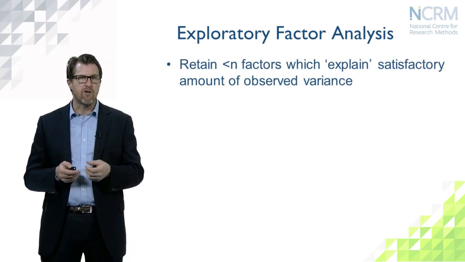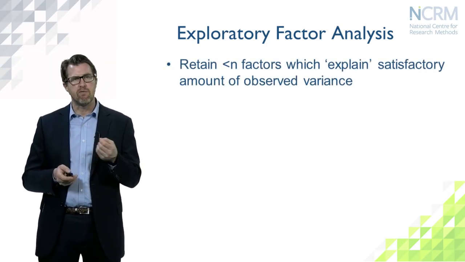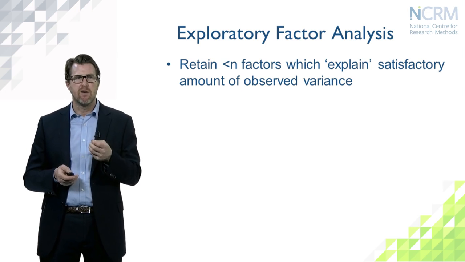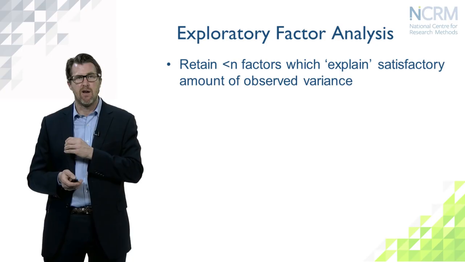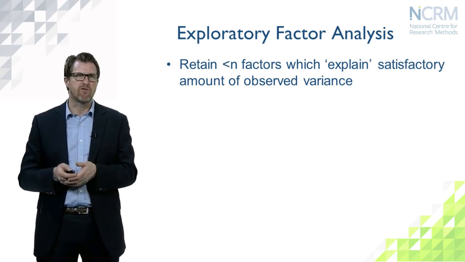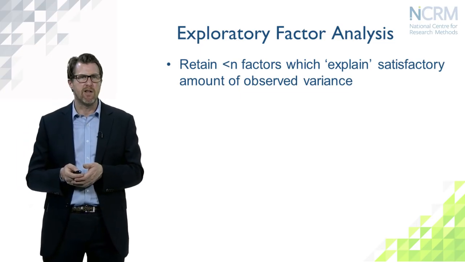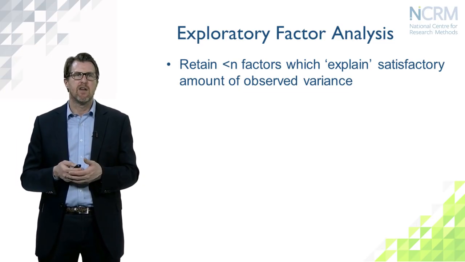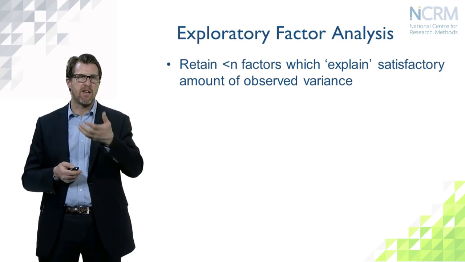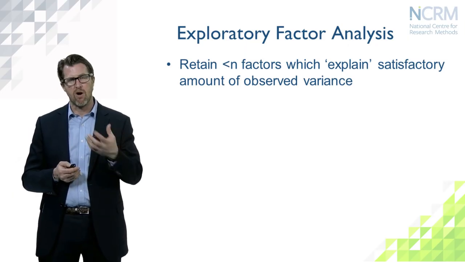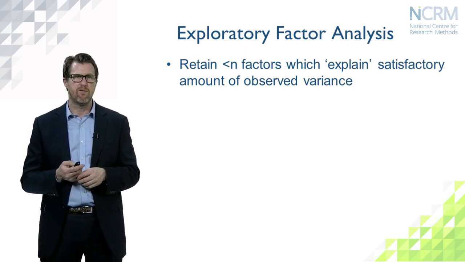One kind of heuristic judgment would be to retain a number of factors which is less than the number of observed variables that explain some satisfactory amount of the observed variance. So we might say we'll retain as many factors as are needed to explain 70% of the variability or the correlations between the observed variables.